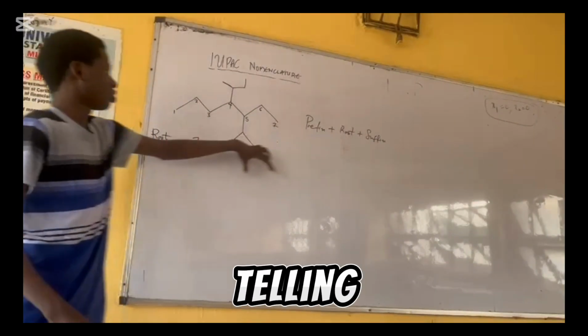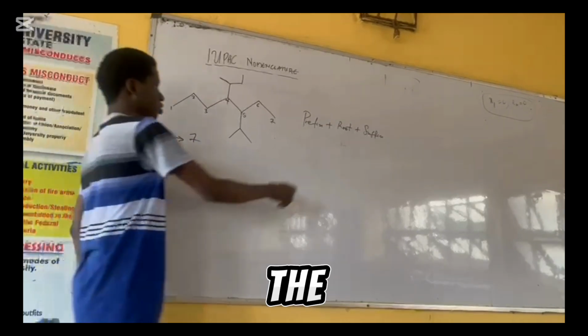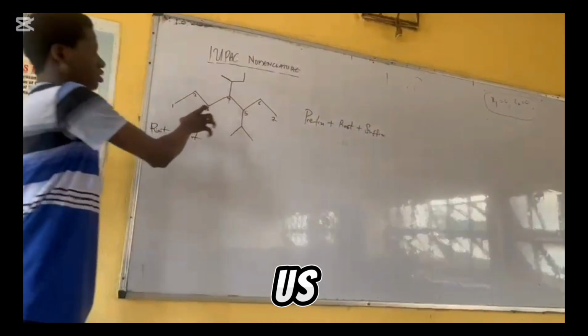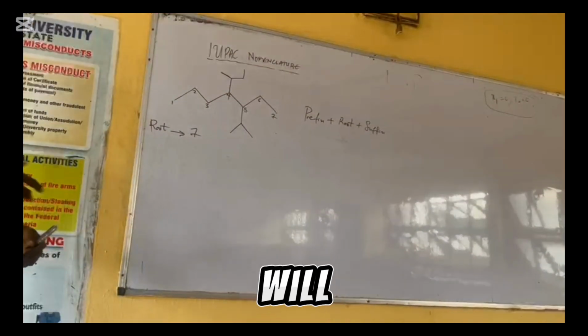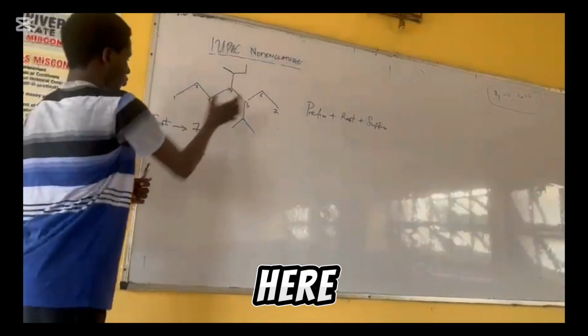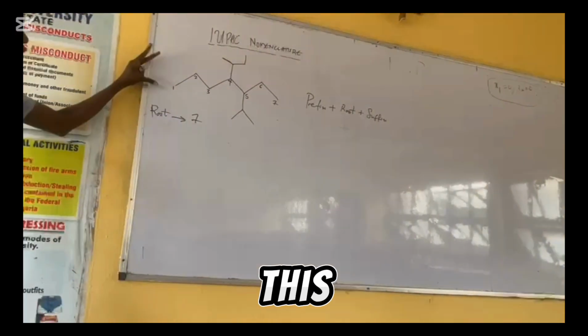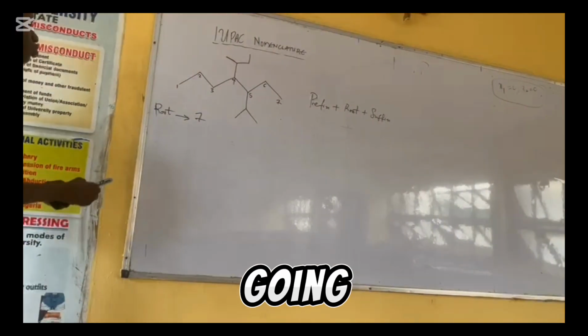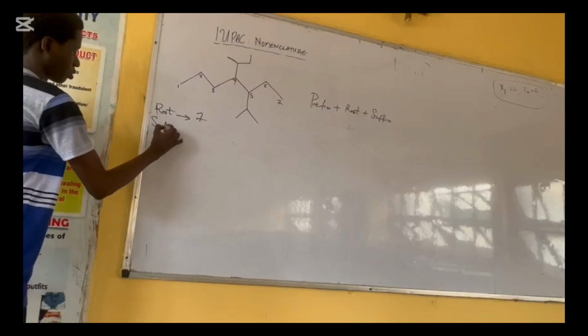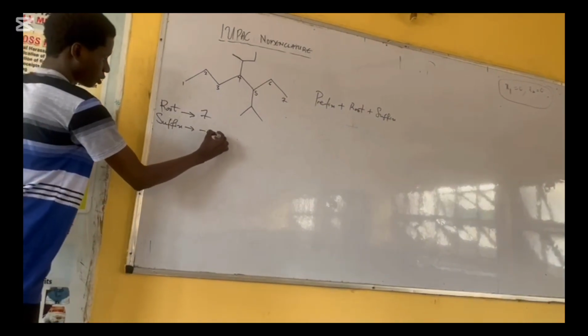The root is just telling us the number of carbons in the longest continuous carbon chain. The suffix is telling us the functional group that will be the parent's name. You understand? And if you check here, we've gotten our root as 7, the longest continuous carbon chain. If you check this compound, the suffix is going to be alkane. The suffix there is going to be -ane.